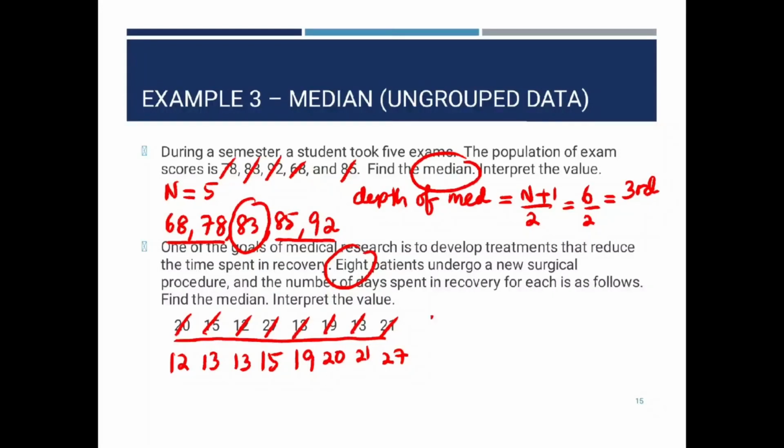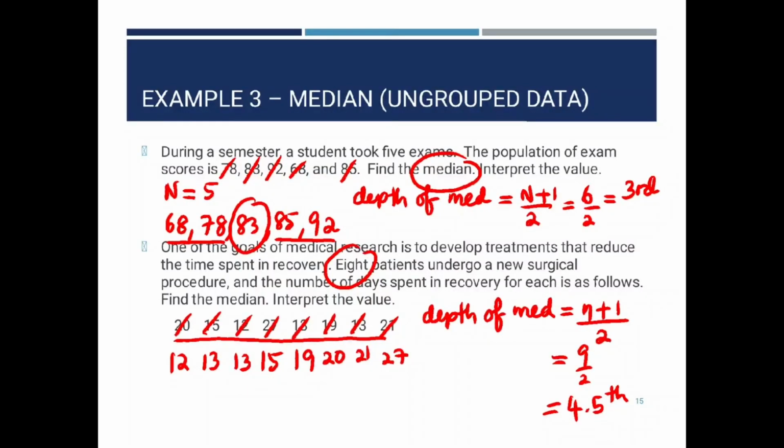So depth of median is n plus 1 over 2. So this is 9 over 2. That means the depth of median is the 4.5th. Okay, so this is the 4th data and this is the 5th data.